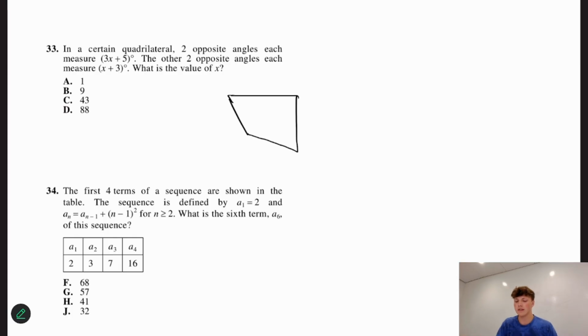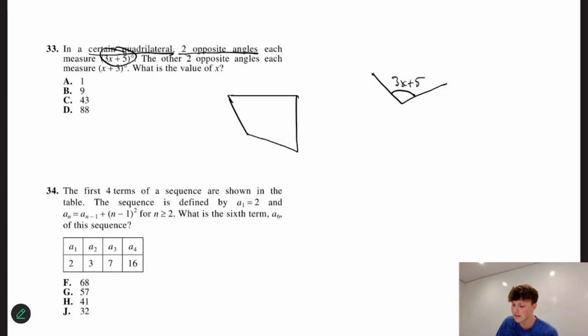So we know that it says in a certain quadrilateral, and it doesn't strictly say anything about the quadrilateral. However, what else do we know? We know that in the quadrilateral, there are two opposite angles that have the same measure. So say this is 3x plus 5.